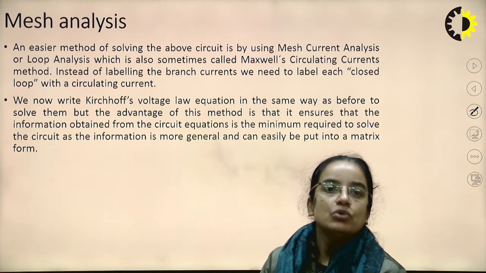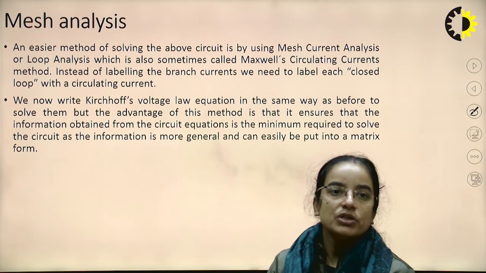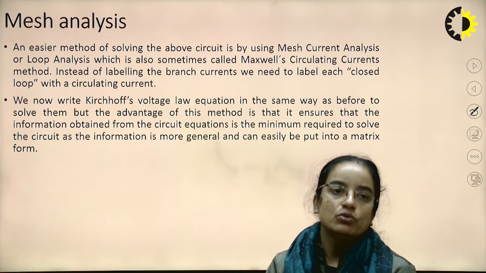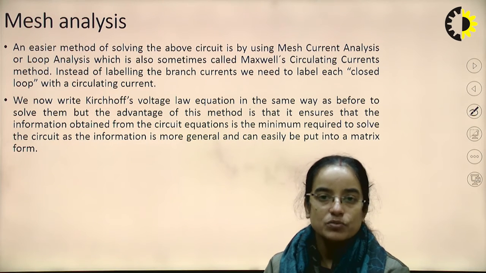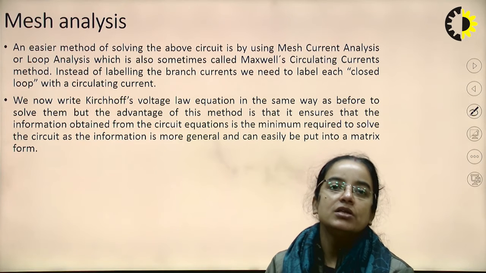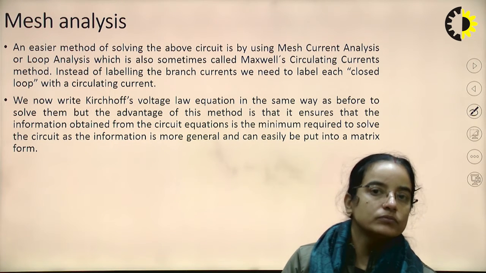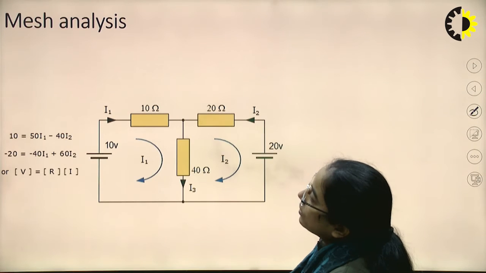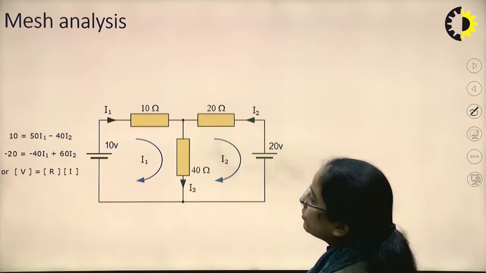This ensures that the information obtained from the circuit equations is the minimum required to solve the circuit, as the information is more general and can easily be put into matrix form.